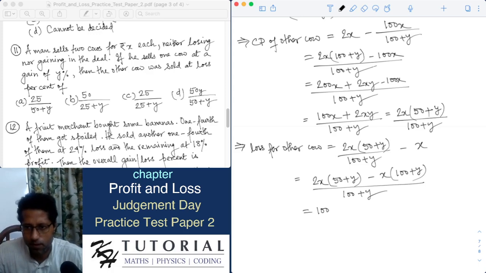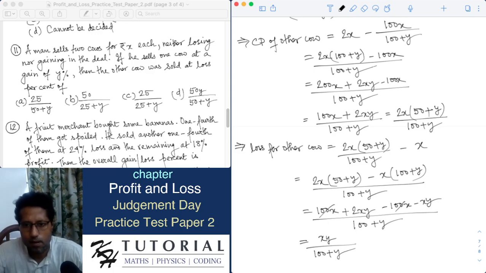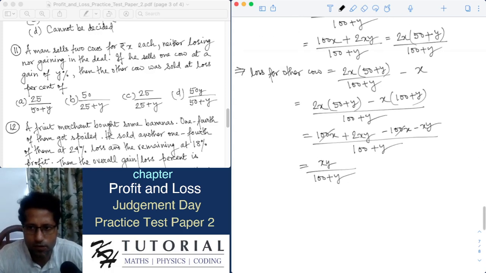If I open both the brackets in the numerator, 100x plus 2xy minus 100x minus xy divided by 100 plus y. Now in the numerator, 100x cancels out and we get xy divided by 100 plus y. This is the loss for the other cow.